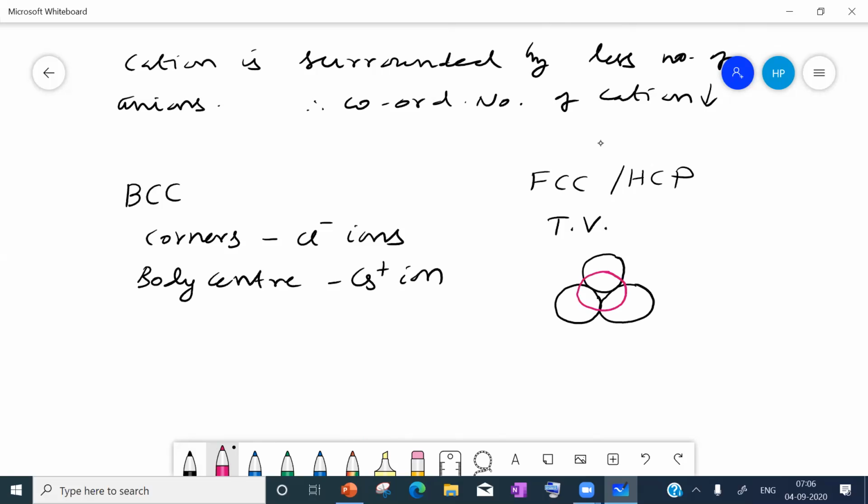Between this first layer and second layer, tetrahedral void is there. In that tetrahedral void, cation will be there. Now surrounding spheres are what? Anions. Inside, between these two layers, void is there. That is tetrahedral void. In the tetrahedral void, cation will be present.